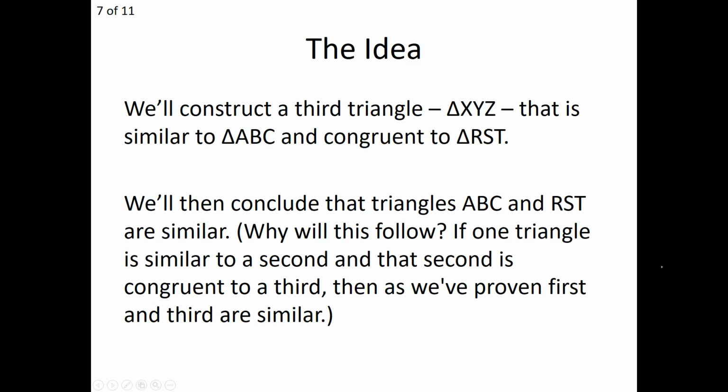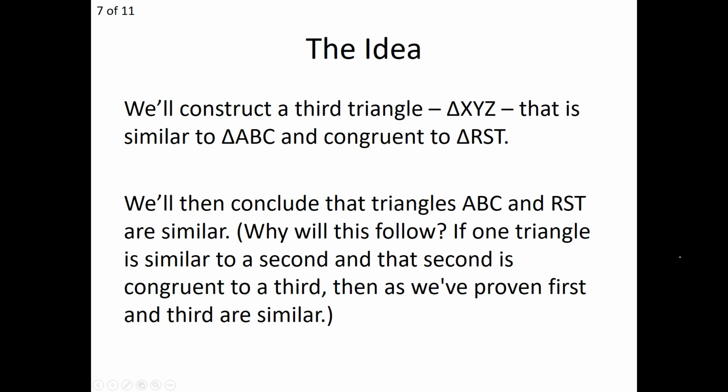So now here is the idea. We're going to construct a third triangle, and now we have the ability to construct similar polygons. We have our polygon similarity postulate. We're going to call this third triangle XYZ. Now we want this triangle to do two things. It really is a pretty clever strategy that we have to have this constructed third triangle do two things.